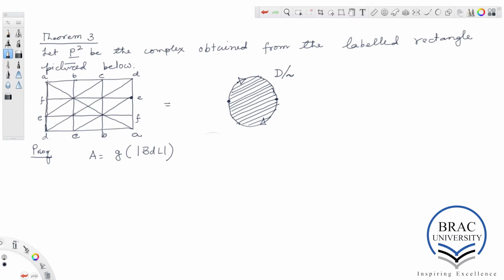Under the gluing map, the topological space corresponding to this boundary is going to be mapped to a subspace here, and that is homeomorphic to a unit circle that we are going to see first.